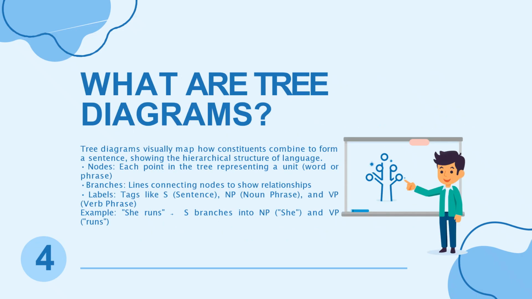And what are tree diagrams? After identifying constituents, the next step is representing them visually through a tree diagram. Tree diagrams show how constituents connect to form a sentence and reveal the hierarchical organization of language. A tree diagram contains three main elements.